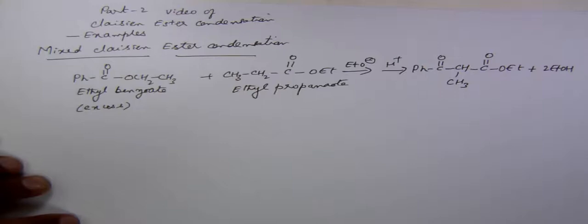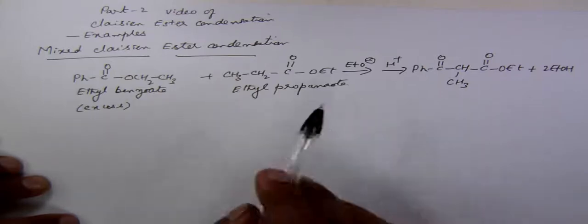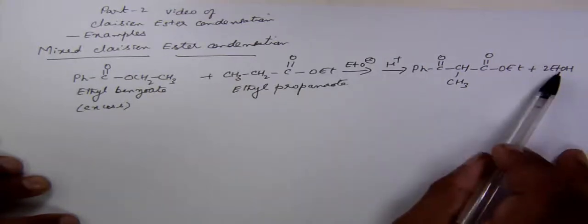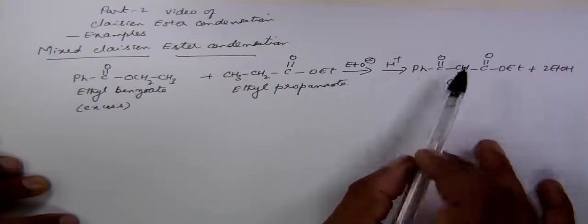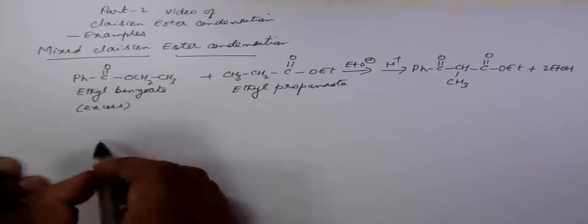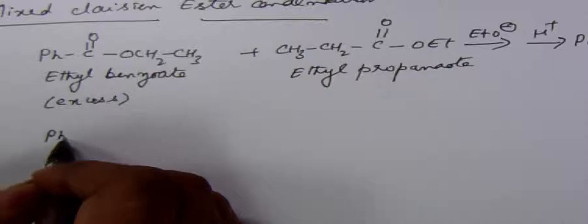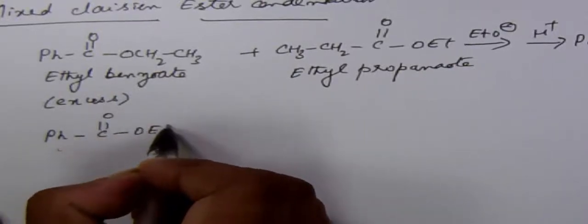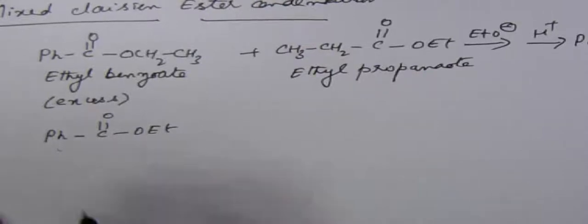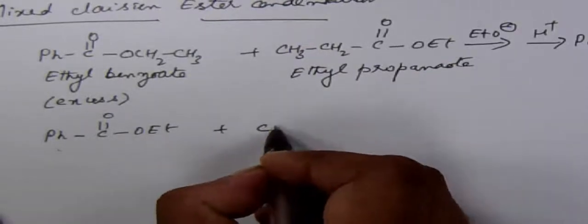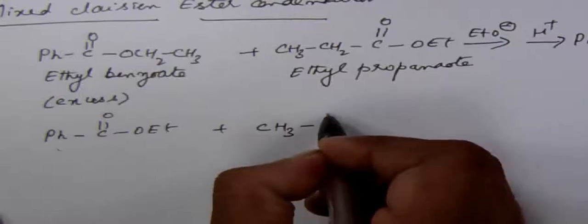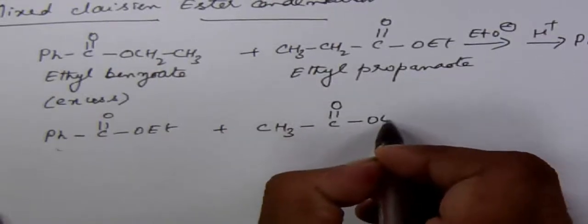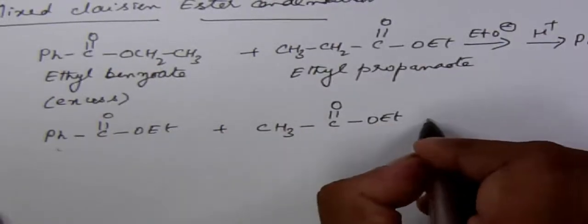So this is the product that I'm going to get out of this. And remember, I've just acidified this so that I ensure that I get back the H here. Take one more example. We take again ethyl benzoate, as usual in excess. This time I'm going to use ethyl acetate, and the same set of reagents.